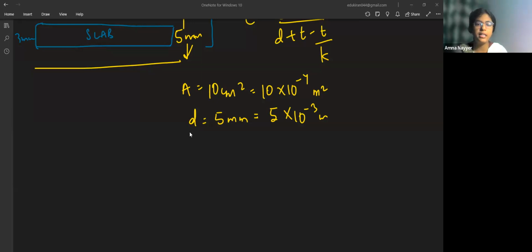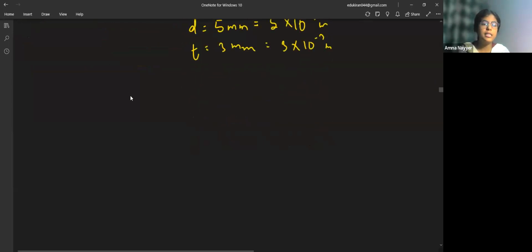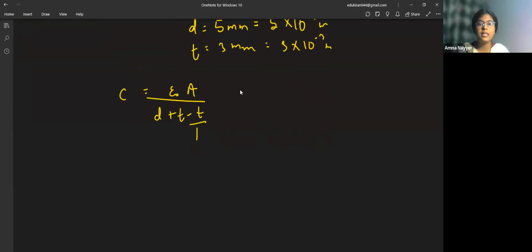All right, fine, good. And thickness of the slab, T, is mentioned as 3 millimeters. So similarly, we'll convert this as 3 into 10 to the power minus 3 meters. Epsilon naught's value also, we remember this. So in the formula, C is equal to epsilon naught A by D plus T minus T by K. Epsilon naught becomes 8.85 into 10 to the power minus 12.